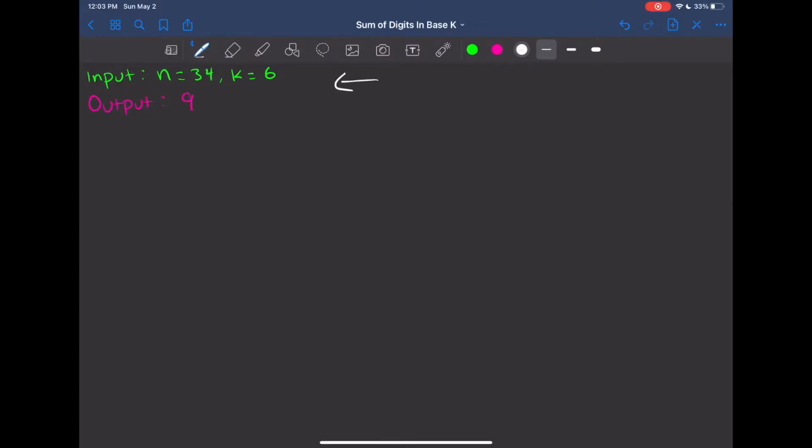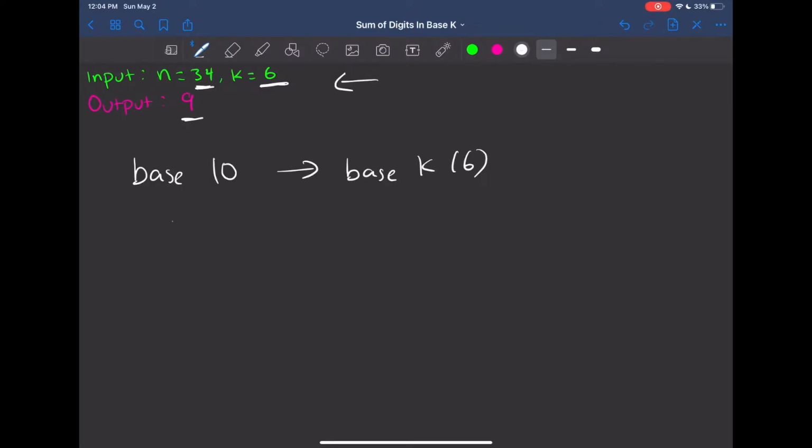And remember, what was the question asking us? We had to return the sum of the digits of n, which is this right here, after converting n from a base of 10 to a base of k that we have as our input. Okay, so basically, how are we getting this 9? Well, we're converting n, which is in base 10, to a base k, which in our case is 6.